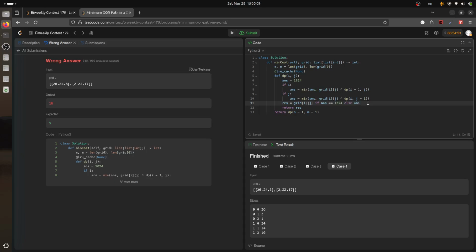I would need to write them down. Well, XOR is not really a minimum thing, so how many bits are there?